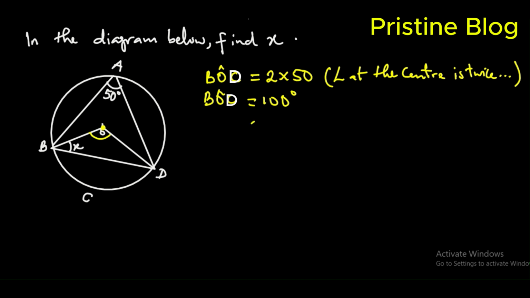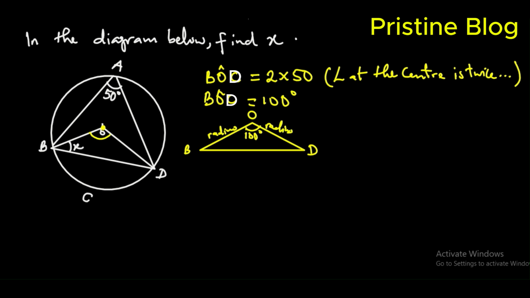Okay. So we bring the BOD then. If you look at the BOD there, it's an isosceles triangle, where BO is a radius and OD is also a radius.